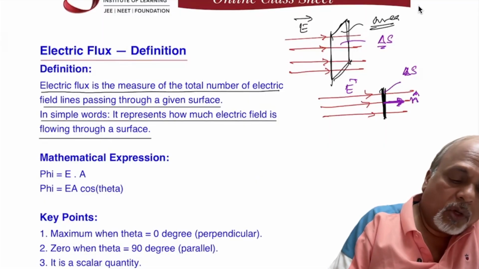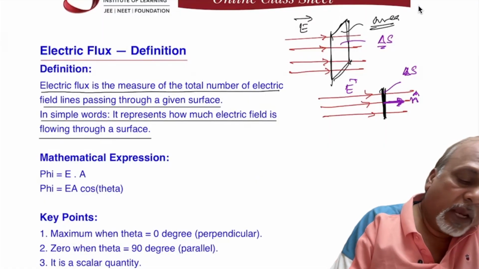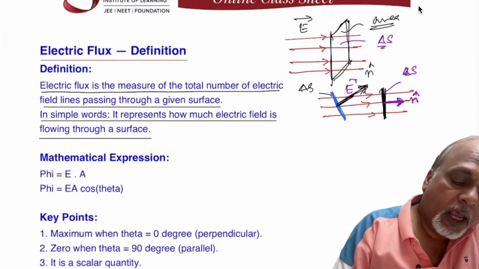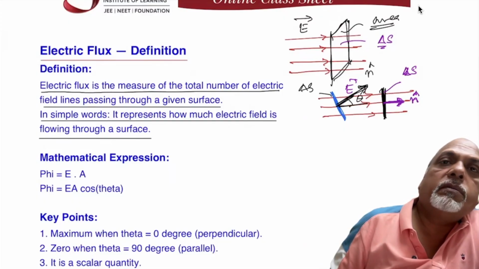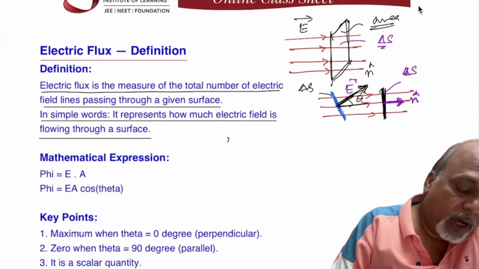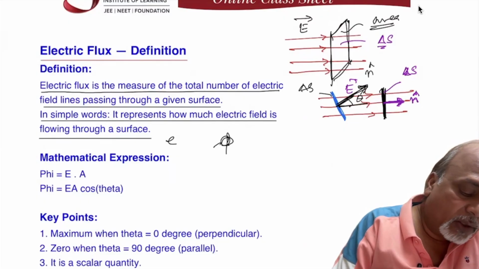Now, suppose your area is like this. That means normal to the area, that is area vector. This is your delta S. And the electric field line is making an angle theta. Then, what is phi? Phi is electric flux.